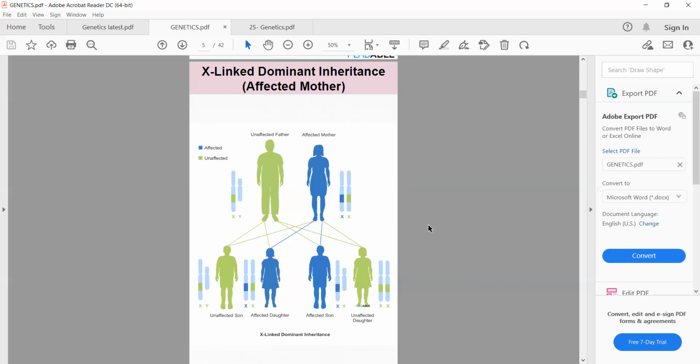So in this X-linked dominant, only one defective gene is required. Yes, whenever you see the word dominant, then only one defective gene is required to cause the disease, because the gene is dominant and it will suppress the other normal gene.